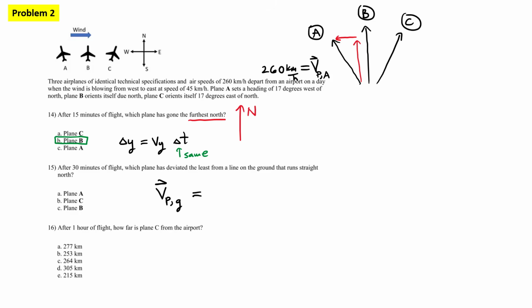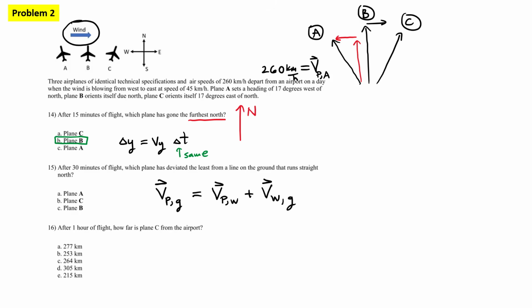Okay, well, plane B is going to fly straight up, but the wind, we can't forget about this wind here. The wind will make it shift this way, right? Because the total plane relative to the ground expression should look like this. It's the velocity of the plane relative to the wind plus the velocity of the wind relative to the ground. Okay, this is how you write this vector sum.